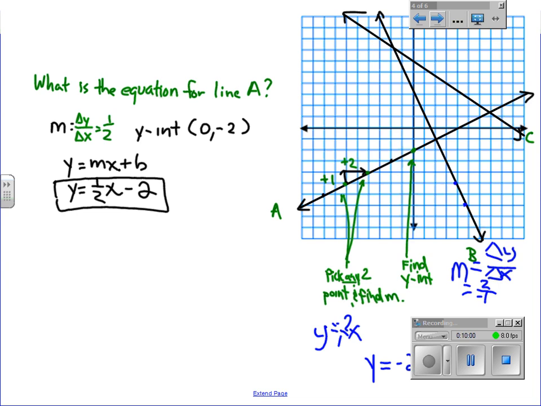And then we need to find the y-intercept. Good. And that is 3, so it's plus 3. Very good, Lauren.